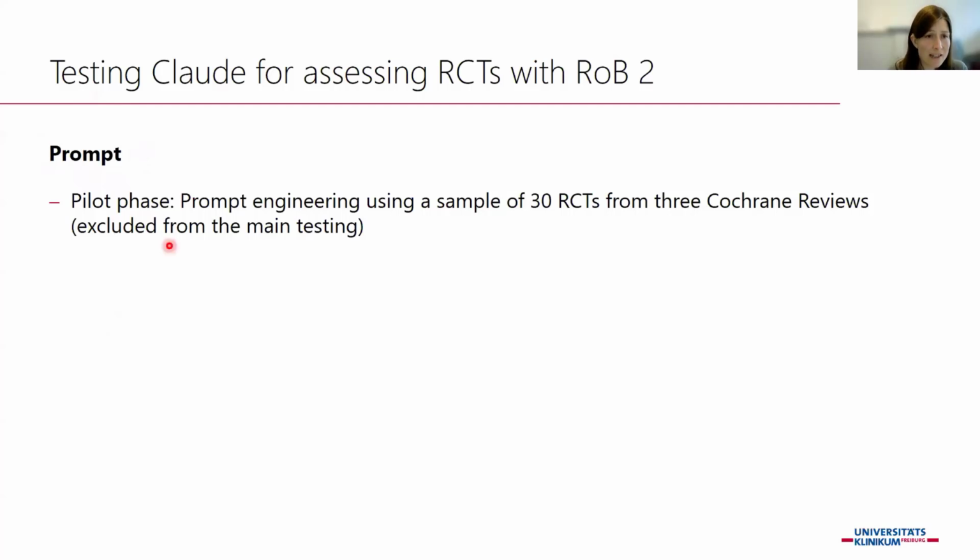We conducted a quite long pilot phase where we did prompt engineering to find out what the most suitable prompt for risk of bias assessment using the ROB2 tool could look like. We tested all the prompts we developed using a sample of 30 RCTs from 3 Cochrane reviews, and of course, we excluded those 3 Cochrane reviews from the main testing.